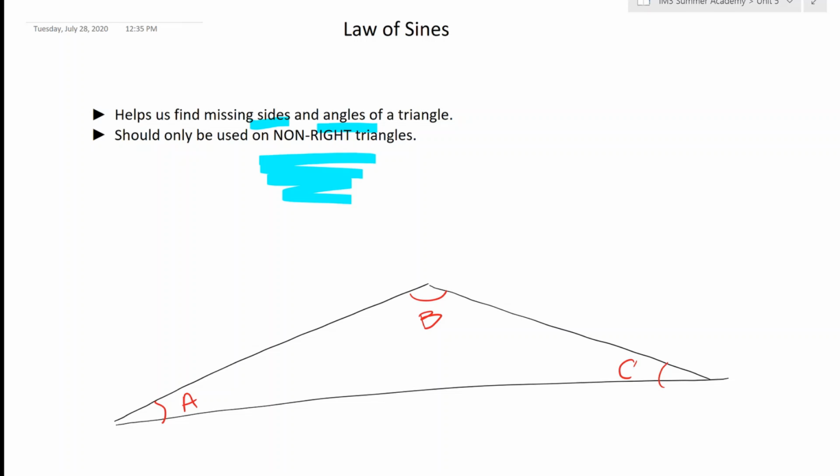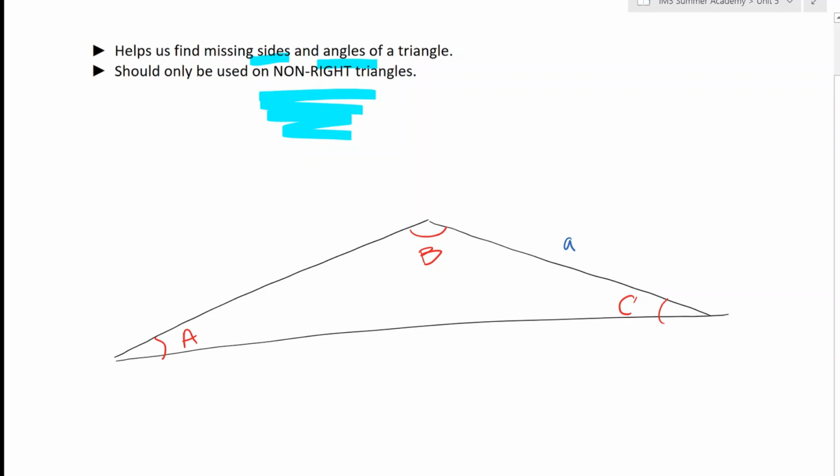So big angle A, big angle B, and big angle C. And those angles open up and create sides. So angle A right here opens up and creates this side over here, which is little a. So the big angle A and little side a are across from each other. Same thing down here. Angle B opens up and makes side little b, and big C opens up and makes side little c. Okay, so little letters are sides, big letters are angles.